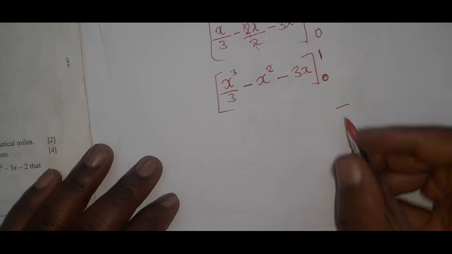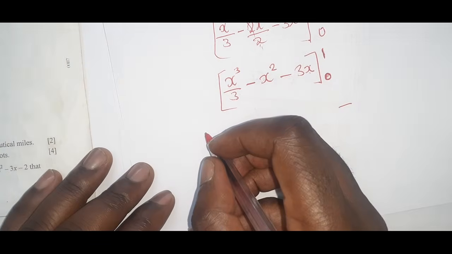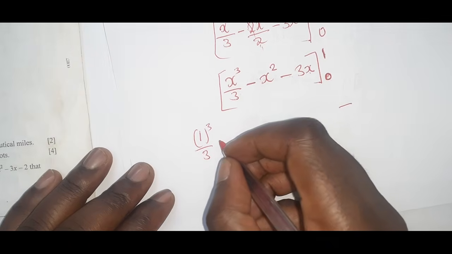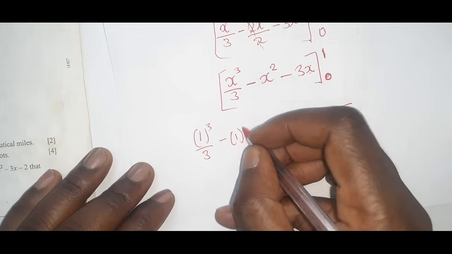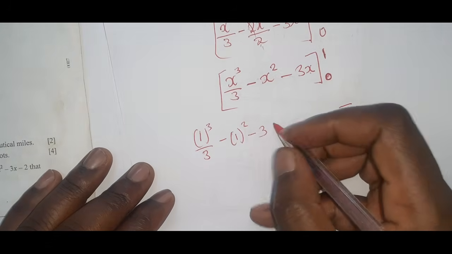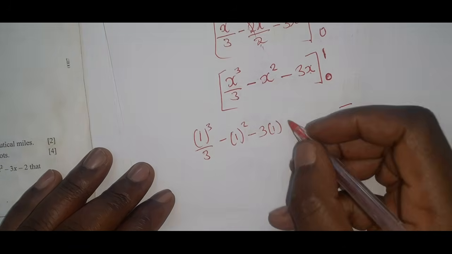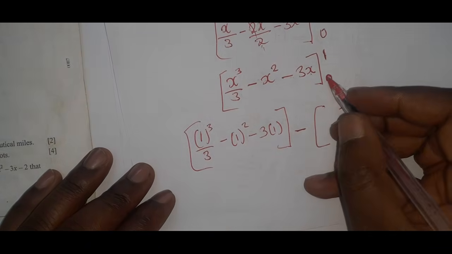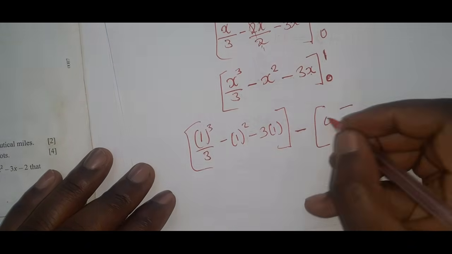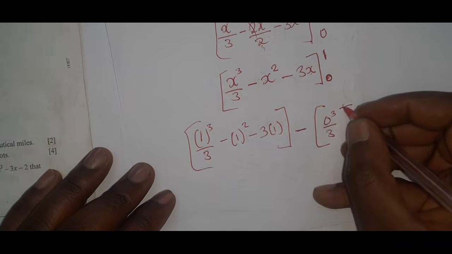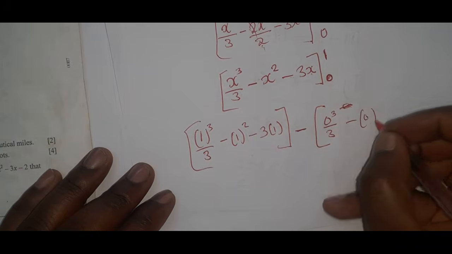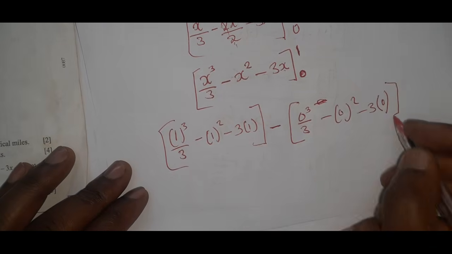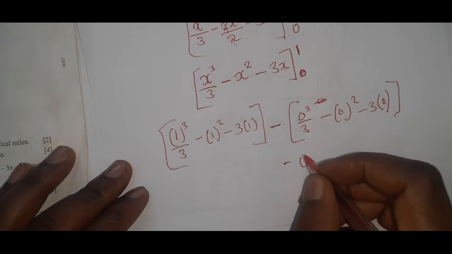So let's do what I'm talking about. The first one we're going to say 1 to the power 3 over 3 minus 1 squared minus 3 times 1. When we do this, the second one we need to say minus. Again we use now 0. Where there's x we put 0 cubed over 3 minus 0 squared minus 3 times 0. So this whole thing here will give us a 0.